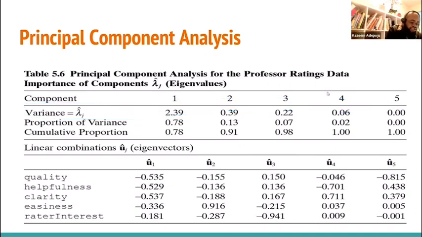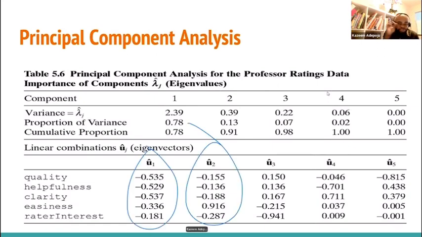Now we have a threshold, like I said, of 80%. When you look at the combination of the first and the second principal component, it gives us 91%. That is the reason why our focus is going to be on only 2 principal components.